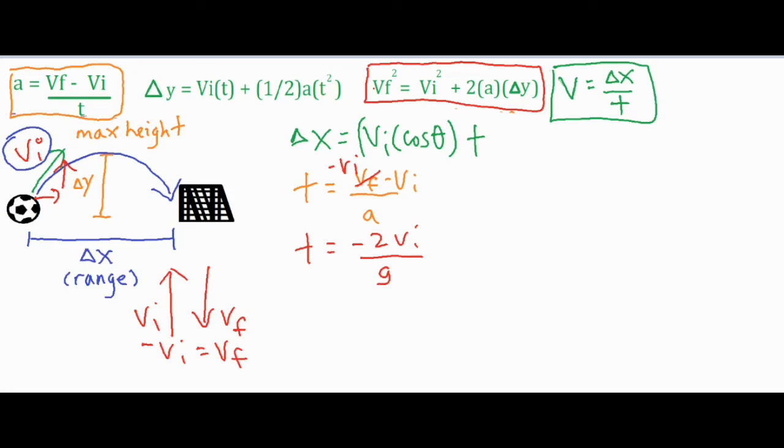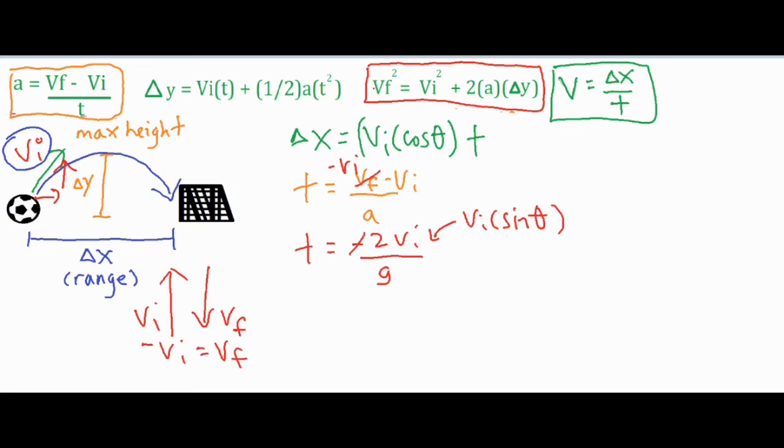Now, g is negative 9.8, so we take the negative from the g, and that cancels out the negative in front of the 2 vi, and then g is just positive 9.8. And this vi right here, because it is connected to a vertical component of the projectile, is going to be vi sine of theta.